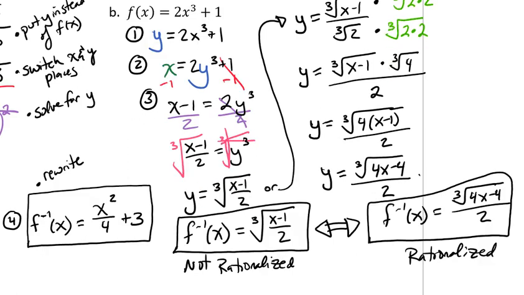I find it's best to always ask your teacher to see what they want. But if you want the absolute simplest form, most correct answer, it's going to be the rationalized answer because we don't really like to leave things not rationalized.